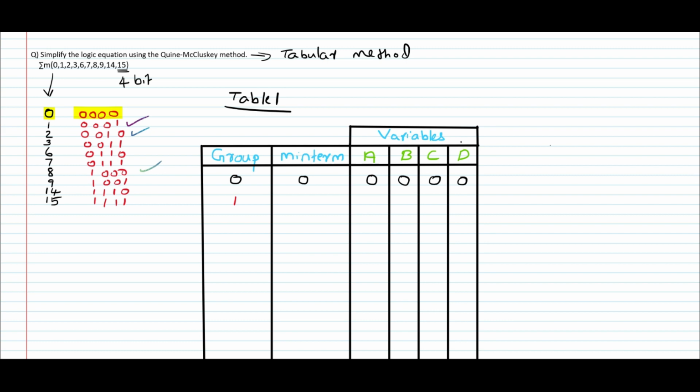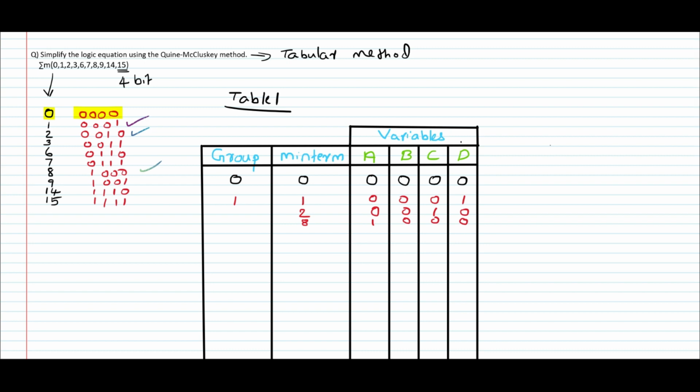There are 3 min terms in group 1. So they are min terms 1, 2, and 8. In the binary form, we will write it as 0, 0, 0, 1, 0, 0, 1, 0, and 1, 0, 0, 0. So these are the 3 min terms under group 1.